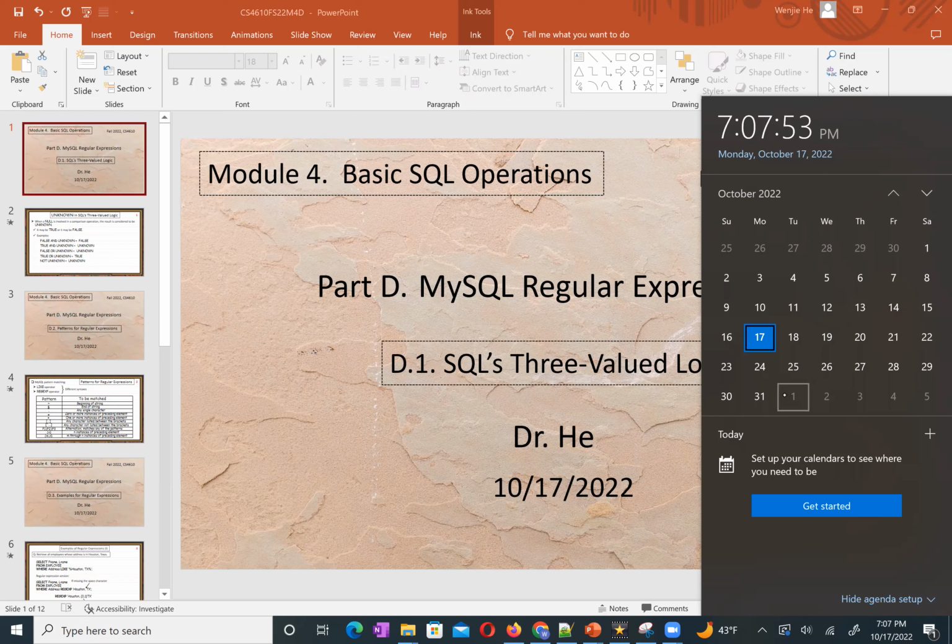In my Java class, October 31st is the midterm. So then let me put November 1st as the due date for homework assignment number 2. November the 1st, okay, all right.